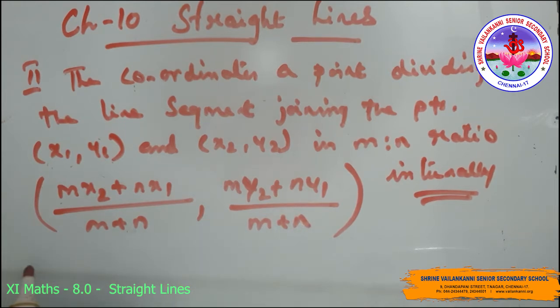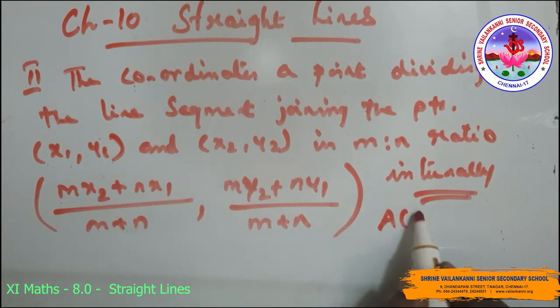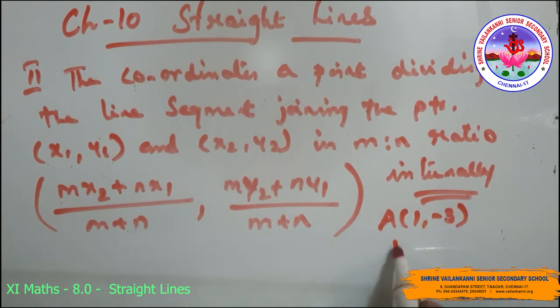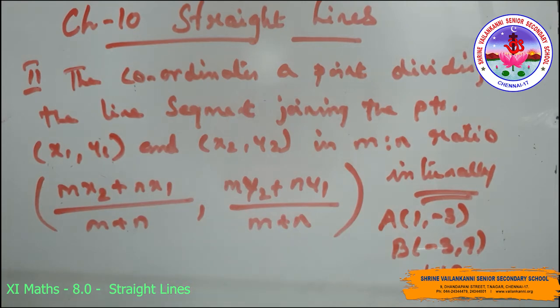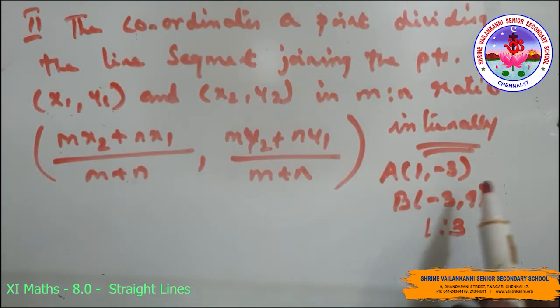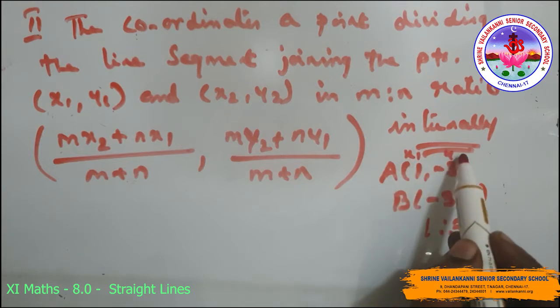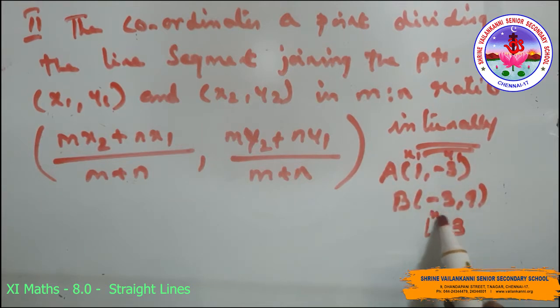Suppose the coordinates are A (1, -3) and B (-3, 9), internally in the ratio 1:3. Then we have to find the coordinates (x, y) using this formula. Here (x1, y1) is (1, -3) and (x2, y2) is (-3, 9), and m is 1 and n is 3.